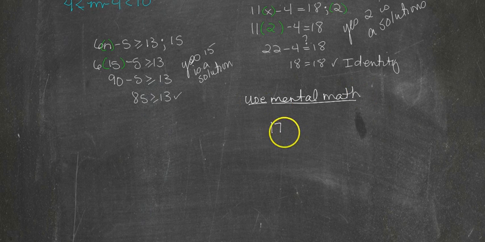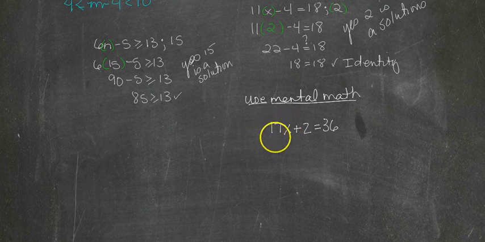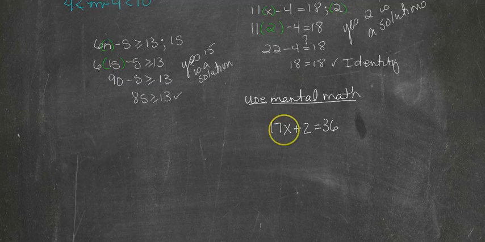So 17x plus 2 equals 36, and you have to ask yourself mentally, so what number, well, 17 times something plus 2 equals 36. That means 17 times x alone has to equal 34, because this 2 could be taken out of the 36. 17 times what equals 34? Well, 17 times 2 equals 34.